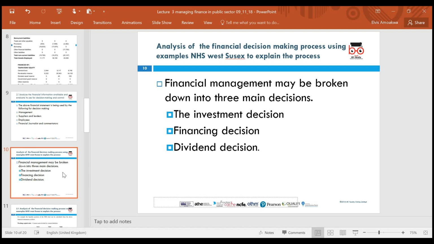And then if it's a public organization that you can buy shares in, you are still going to look at their financial position and decide whether you want to buy shares, because at the end of the day, you're going to get dividend from your investment, right? So decision making that we're going to analyze can be broken down into investment decision, financing decision, and then dividend decision, right? Let's go on to the next slide.